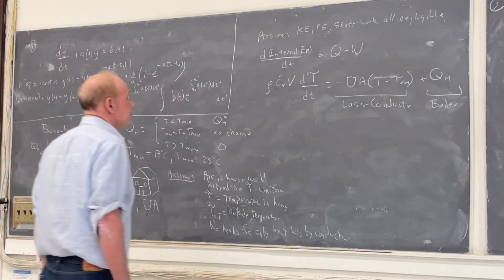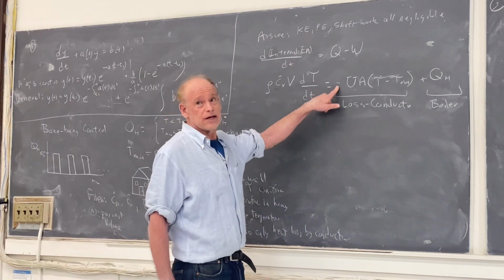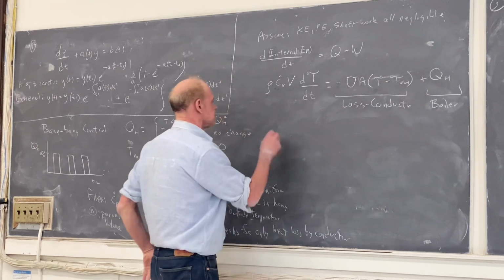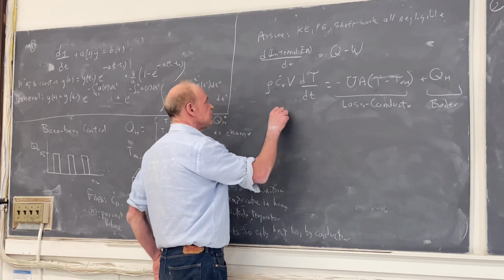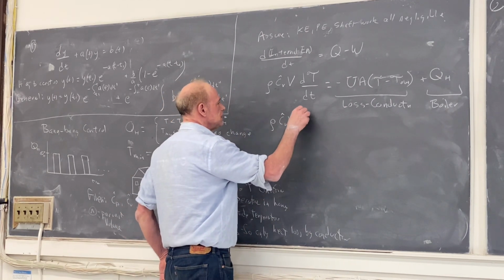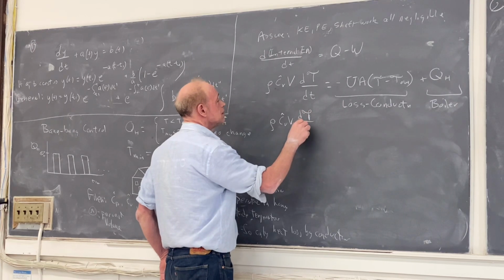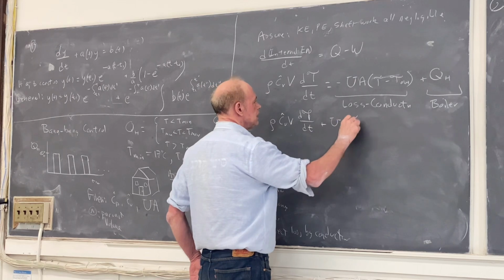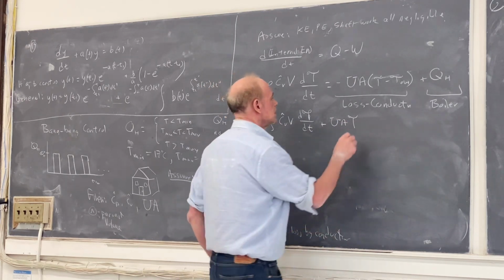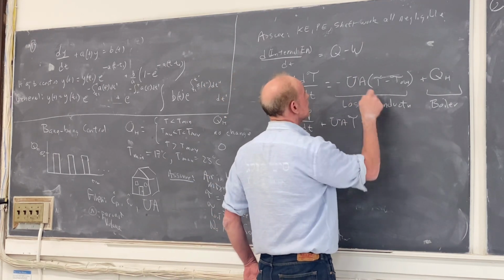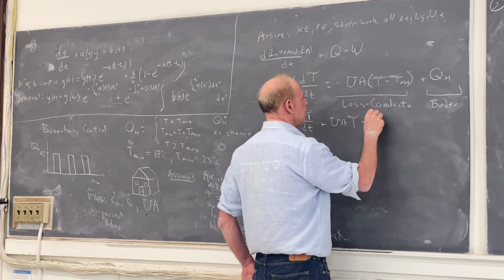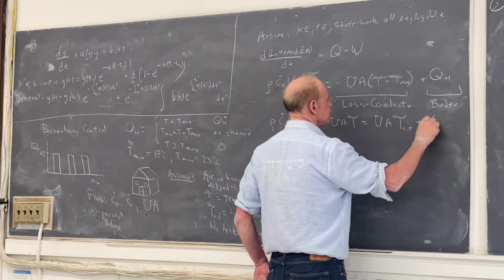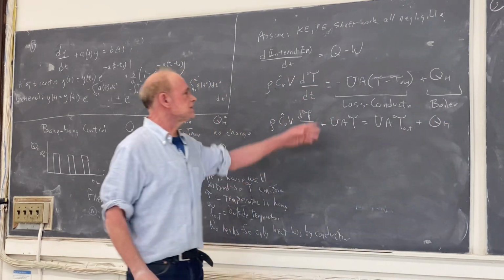Okay, notice I have a minus sign here because it's a loss. So the term with the T has a minus, and I bring it to the other side of the equation. I've got rho C_V hat V dT/dt plus UA T is equal to UA T out plus Q. All I did is move it to the other side.